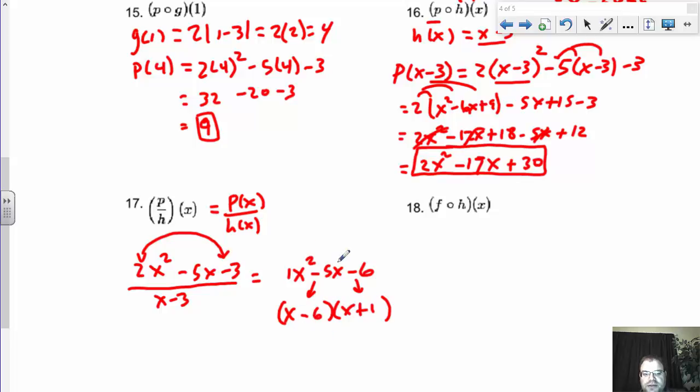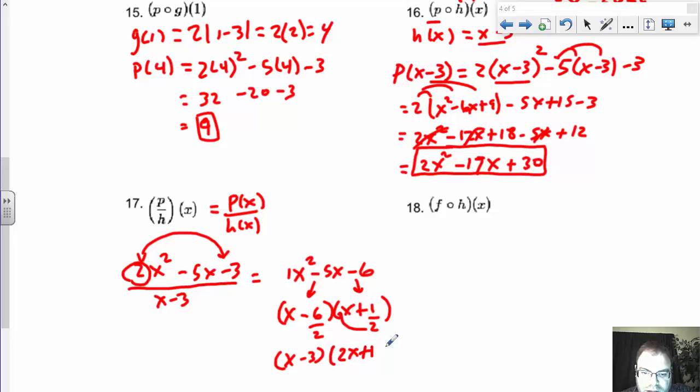Now these aren't the real factors, because when I multiplied these two I changed the problem. So now I'm going to change it back. I divide these two numbers by the 2 I had in front. This gives me x minus 3, which is a real factor, and the other factor is x plus a half. I can move the 2 on the bottom up front if I can't reduce this fraction.